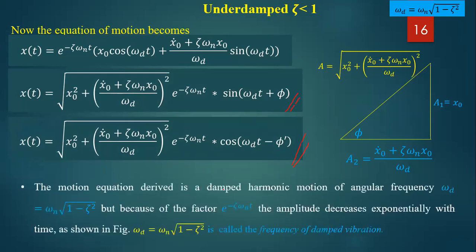So the motion equation derived is a damped harmonic motion of angular frequency omega d, which is equal to omega n times the square root of 1 minus zeta square. Because of the factor e to the minus zeta omega n t, the amplitude decreases exponentially with time, as shown in the next figure.